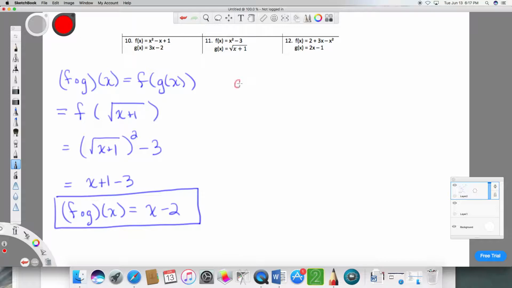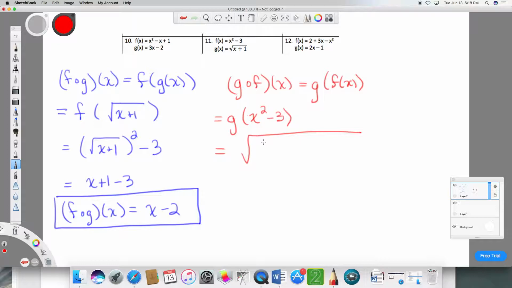All right, so let's build a new function, g composed with f. This time f is the input for g. F is this binomial. G always takes the square root, and it always creates an addition problem.